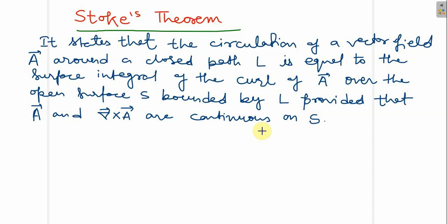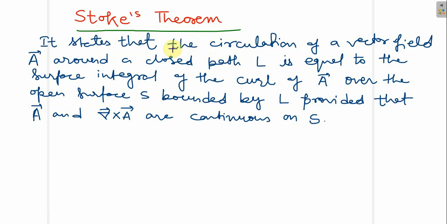Now start reading again. It states that the circulation of a vector field A around a closed path L is equal to the surface integral of the curl of A over the open surface S bounded by L. Till this point, if we read it, then we can come across the mathematical equation.